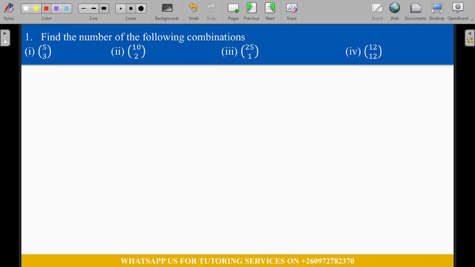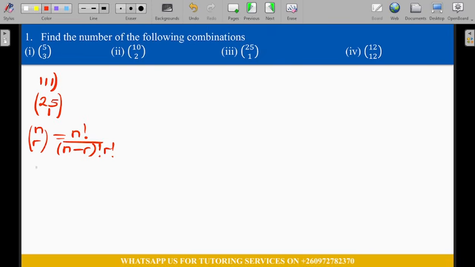Now we move to part 3. For part 3, we have 25 combine 1. I have to evaluate this. What we do first is write the general formula, n combine r, which is equal to n factorial over n minus r factorial, r factorial.